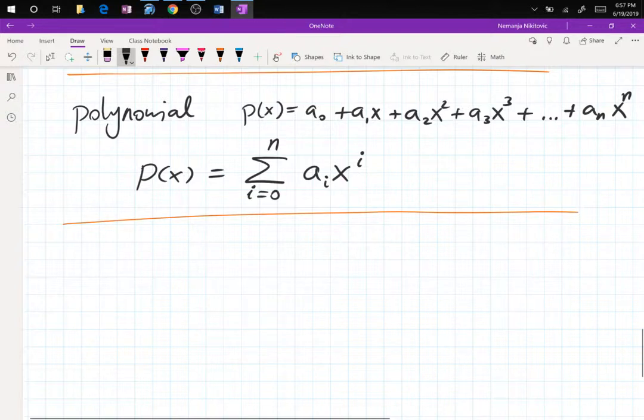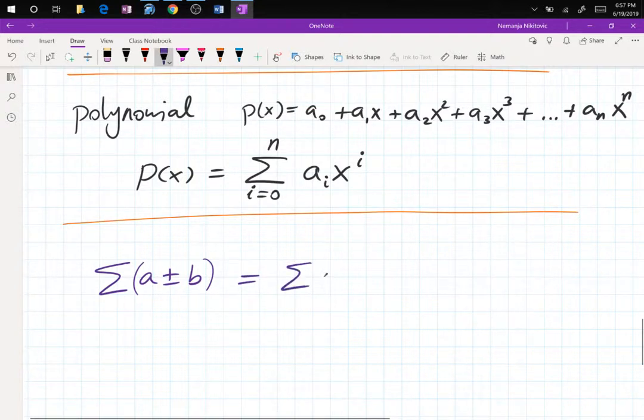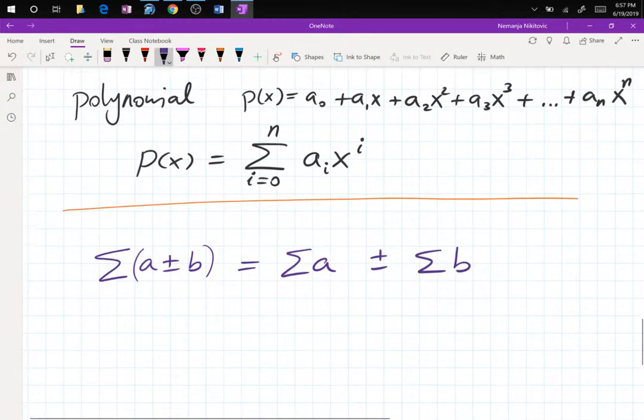When you have summation notation, you can add them, subtract them, and kick the constants outside. The same way you can do integrals, derivatives, and limits. So one of the properties is that if I have a summation of a plus minus b, these are functions, then I can have summation of a plus minus summation of b separately.